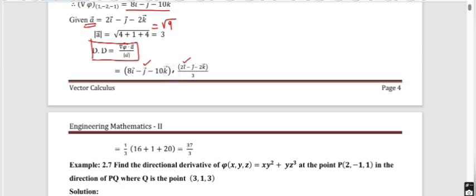So i dot i is 1, the remaining 8 into 2 is 16, plus j dot j is 1, minus 1 into minus 1 is plus 1, plus k dot k is 1, the remaining is minus 10 into minus 2, that is plus 20. So 16 plus 1 plus 20 is 37, divided by the magnitude of a vector, which is 3, that is 37 by 3.